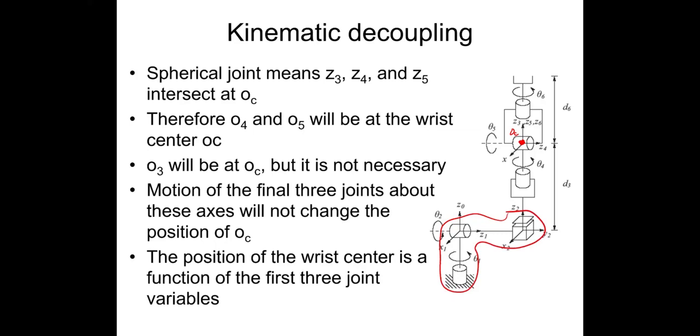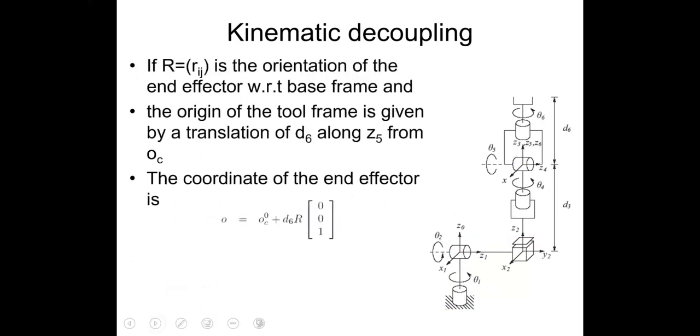It means the position of the spherical wrist center is a function of the first 3 joint variables, not determined by these frames. Obviously, that is true because these three joints decide where this OC is, and then we install the spherical wrist at this OC. From the physical implementation, we can imagine this is true. And then we can do a quick decoupling for this question.